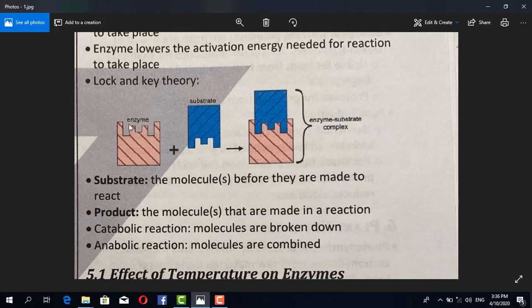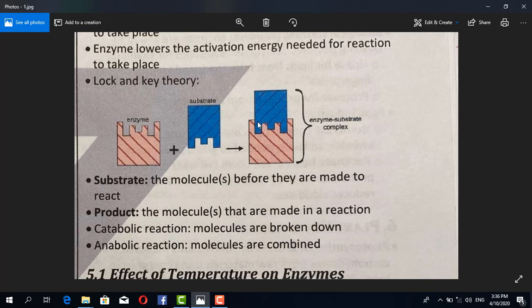But the enzyme always looks for the substrate that exactly fits in. And that's why they named it the lock and the key theory, because the substrate fits exactly to the enzyme. The site where both are fitting, it's called the active site.